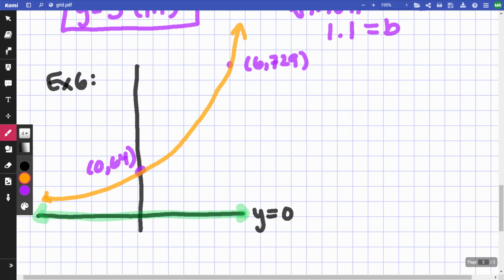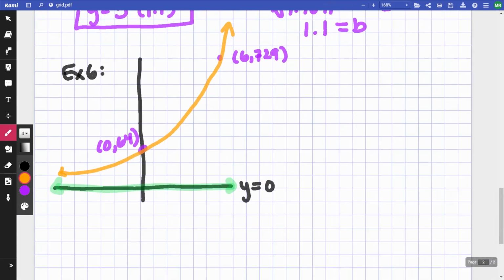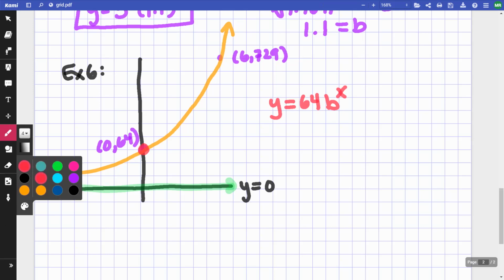Okay, I'm not drawing this accurately by any means. So if we have a situation like this, maybe you can't figure out what we're multiplying 64 by to get to 729, especially when we have a gap of 6. So first thing you want to do is identify your a. So I know that this is going to be y equals 64 times b to the power x. Then I'm going to use this other point for my x and my y.